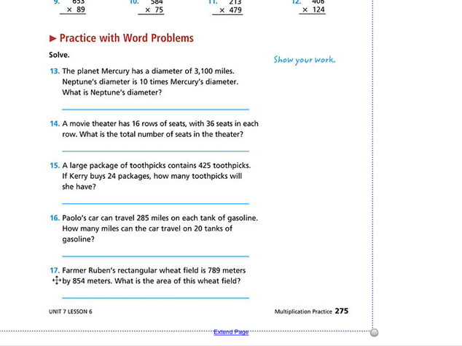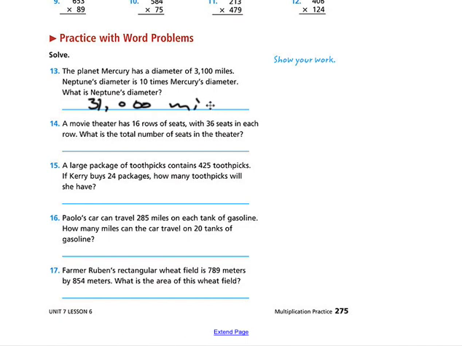All right, you have finished. So hopefully you have all of your work shown over here, or you got a separate sheet of paper to help you out. On this one, it would be 31,000 miles. Number 14, 576 seats.